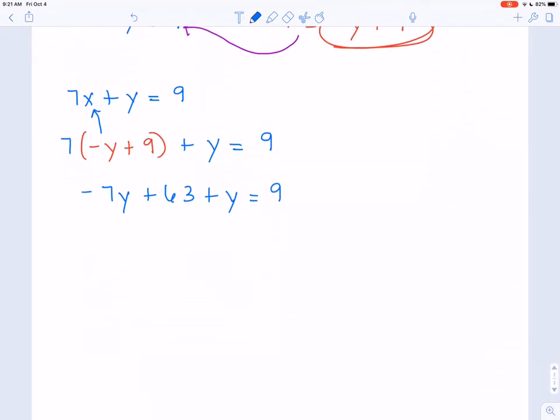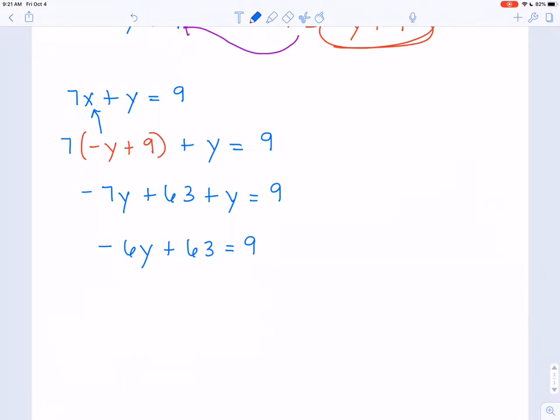Now I've got an equation with just one variable. This one happens to be y, but I'm able to solve. So negative 7y plus y is negative 6y plus 63 is equal to 9.